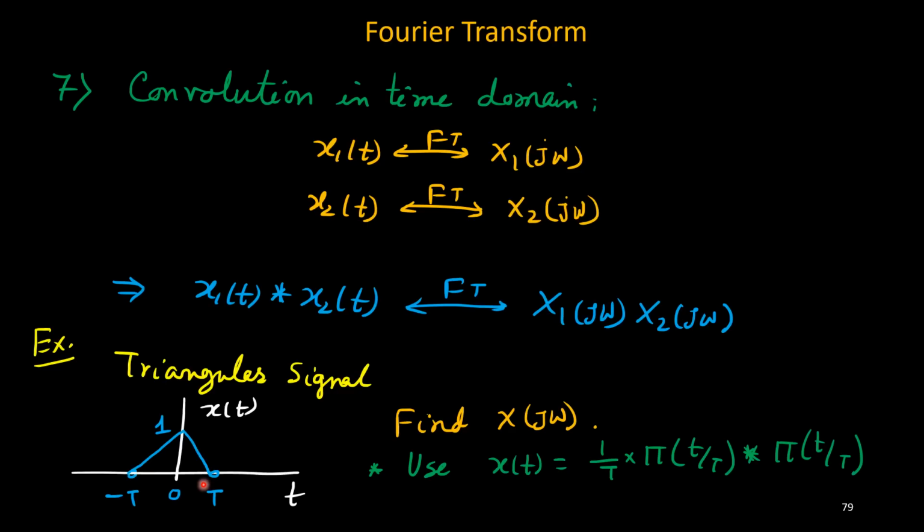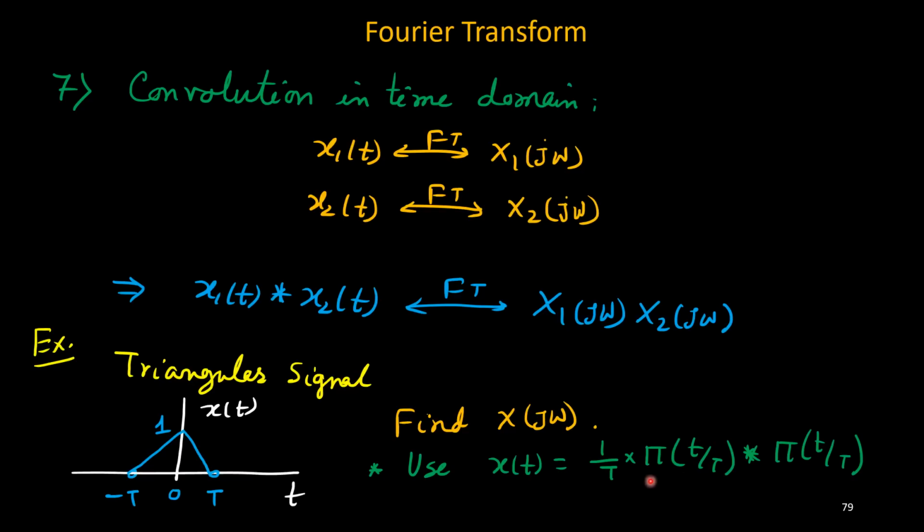Another way, you can also solve this using the convolution property. How? Because we can obtain this triangular signal if I take the convolution between two rectangular signals, or two gate signals, of pi(t upon capital T).